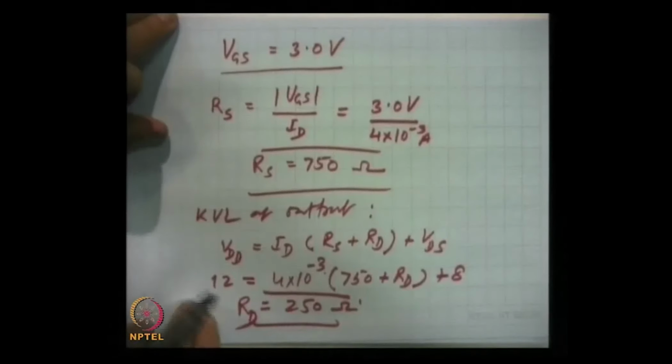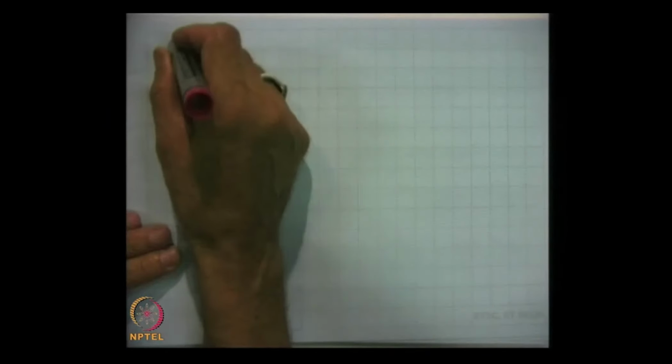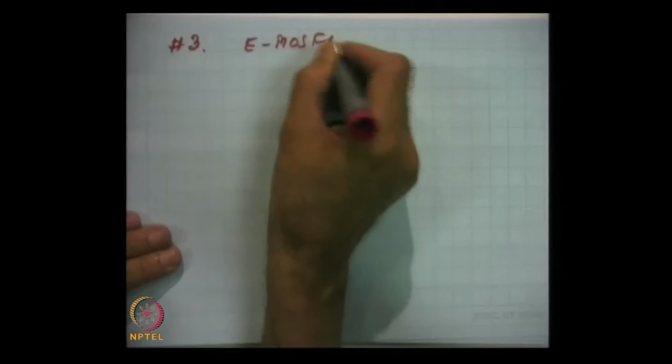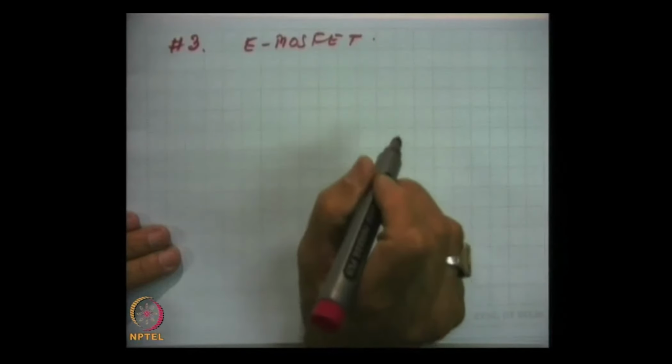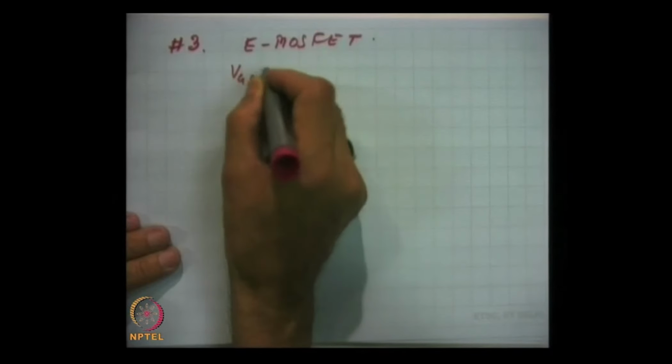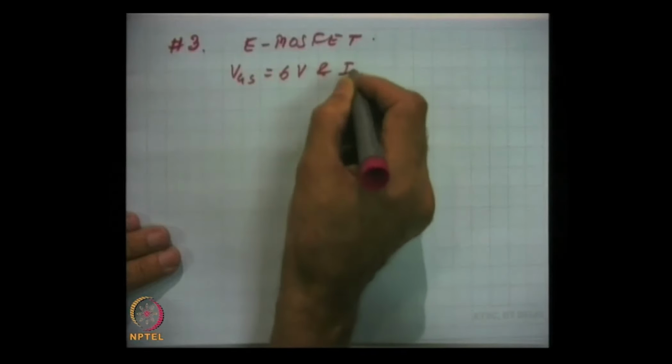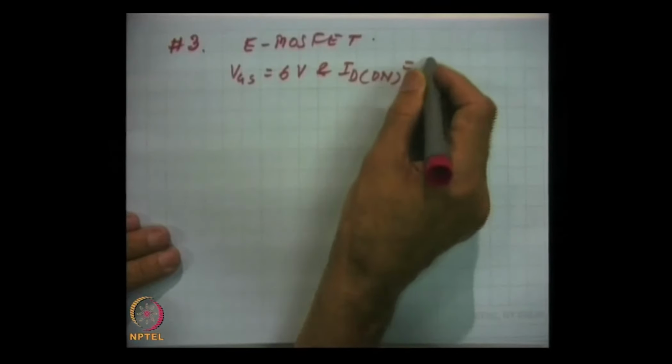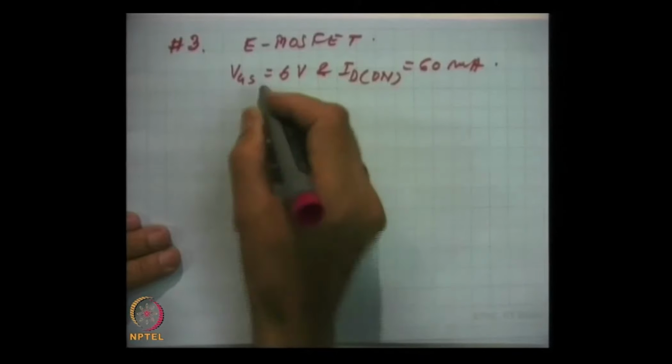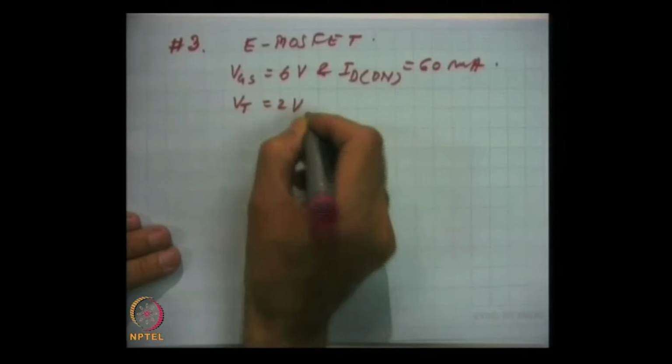Let us take one more example, and let us take this, that a CMOSFET, this is problem 3rd, the data sheet specifies VGS as 6 volts and ID on as 60 milliamperes, VT as 2 volts.